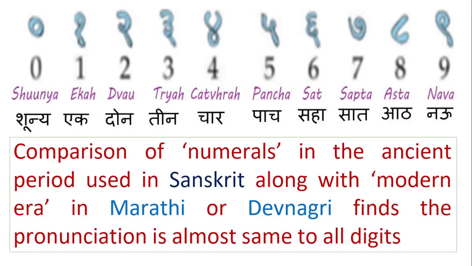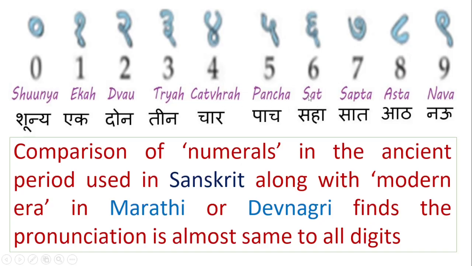This slide shows the digits that are used for writing numbers, and look at the pronunciations of the digits in Sanskrit. They resemble quite closely the pronunciations that we have in Marathi or even the majority of Indian languages. For example, shunya, and the pronunciations in Sanskrit are shunya, eka, dvau, tirah, chatvarah, pancha, shat.